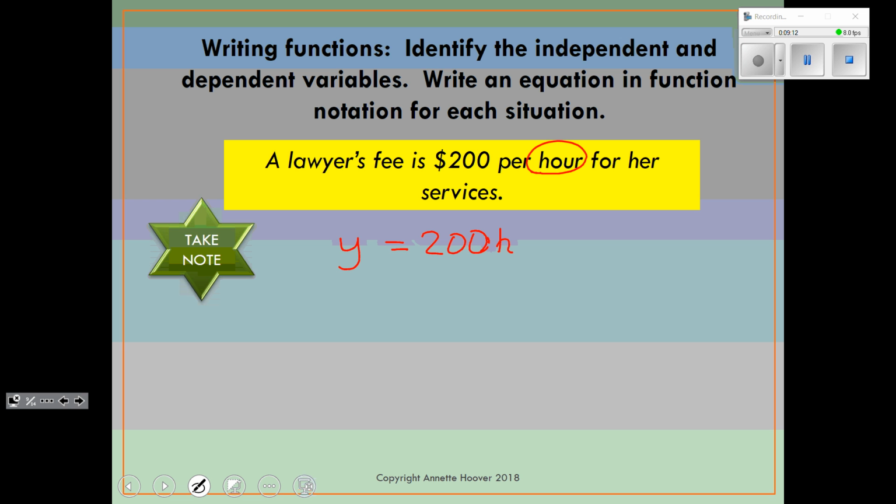If we use h, when we write it in function notation, instead of writing f of x, we are going to write f of h, function of h. Whatever letter you use here, you must use here. If I want to use h for hours, then I'm going to say f of h is 200 times h. That's how you would write that in function notation.